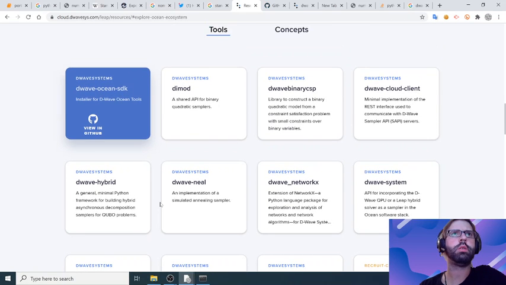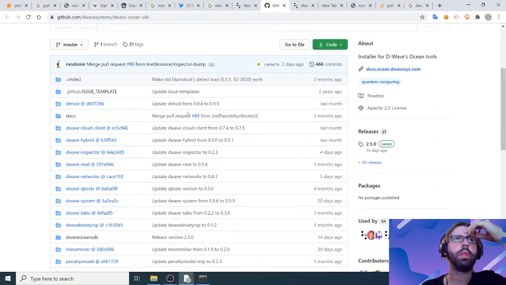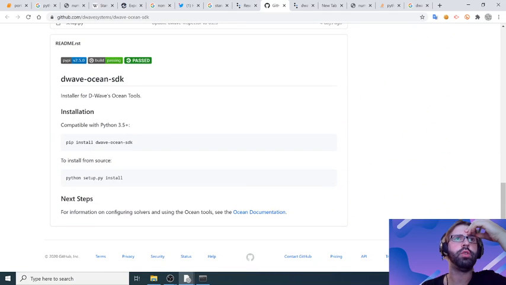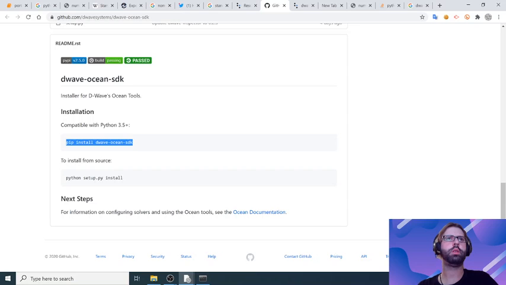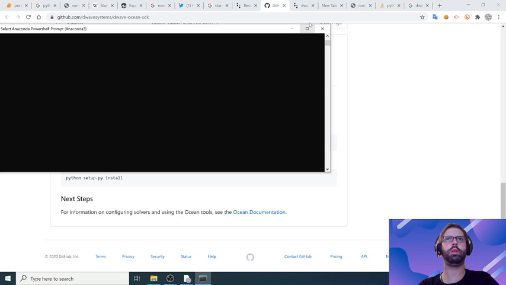Ocean SDK. Okay, so here we go. So we have these. How do I? Okay, I should just basically just use that probably. Okay, so I'll open a terminal.